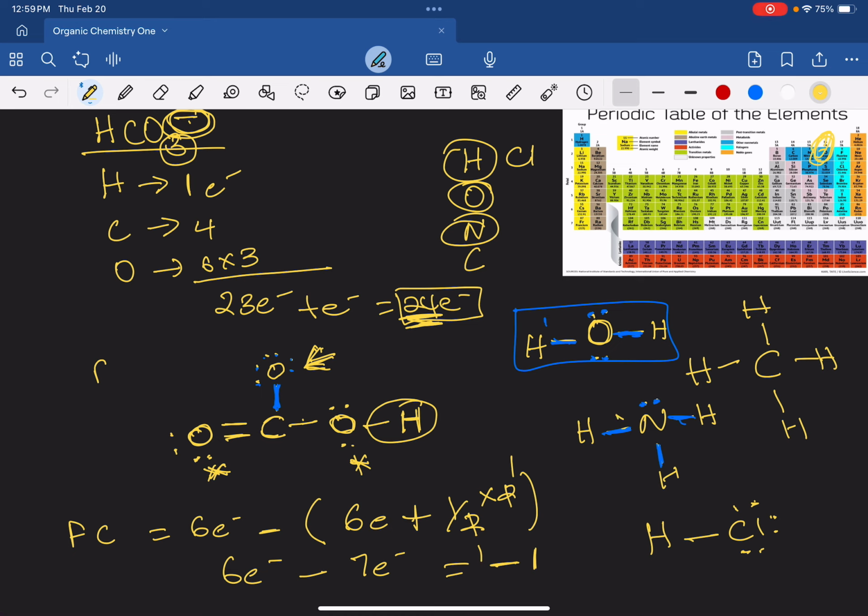Three bonds and a lone pair, right? You've got to know when carbon is neutral. Same thing for chlorine. So this is formal charge. Pretty simple. Just follow the rules. Take your time and practice. The more you practice, the better you'll become at this. Use this so you know which atom has the formal charge. You don't sit there calculating all of them when you're given a question.